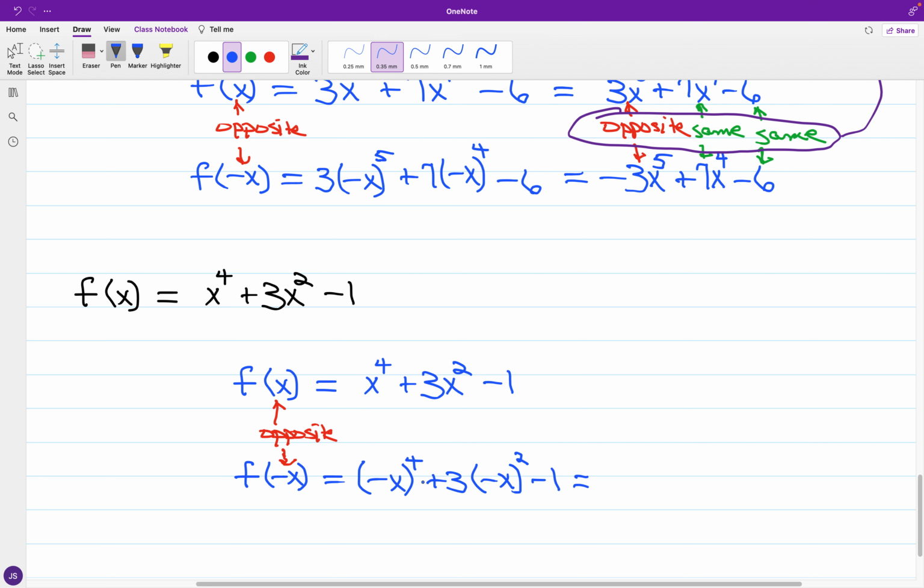Negative terms to an even power will become positive. So we have a positive x to the fourth, and the square of negative x will be positive x squared multiplied by 3. So we have plus 3x squared, and minus 1.